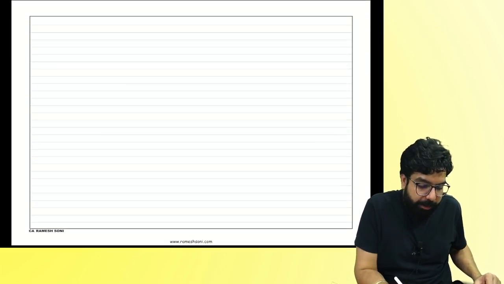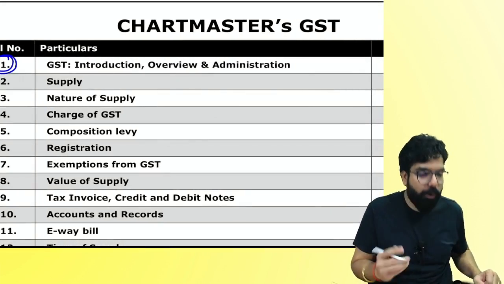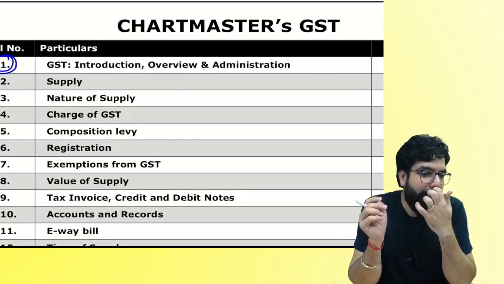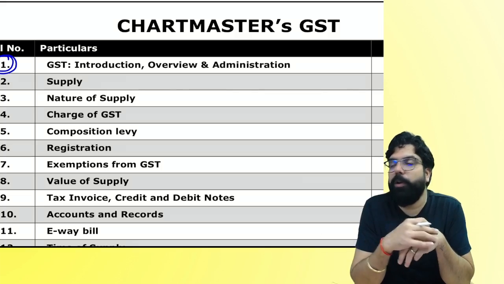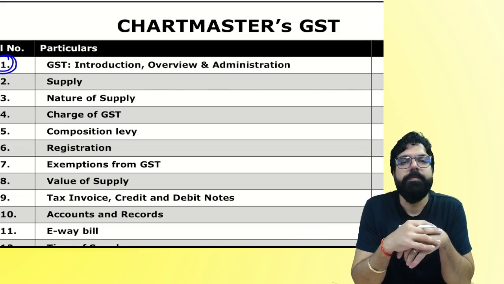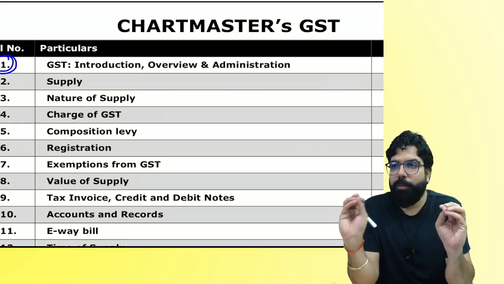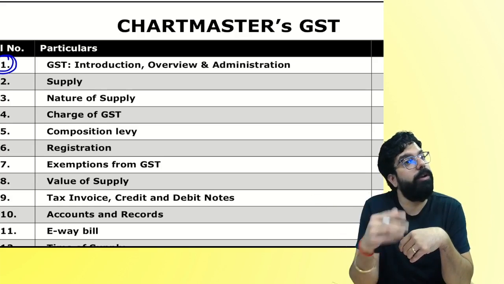the first chapter in your textbook is chapter number 1, which I have given. This chapter number 1 was there for your November attempt. But then ICAI released the new material for May 24 and deleted chapter number 1. Sir, then why did you give us?